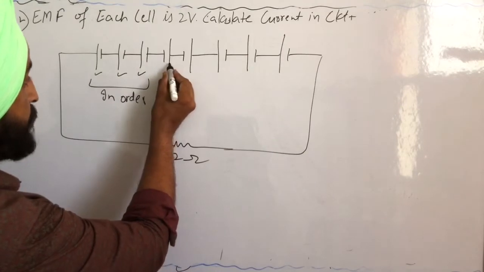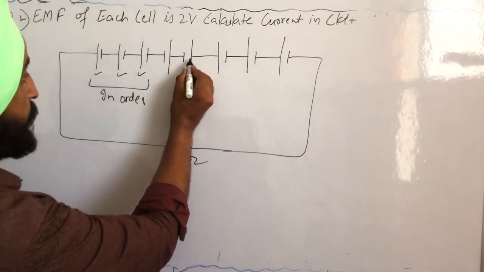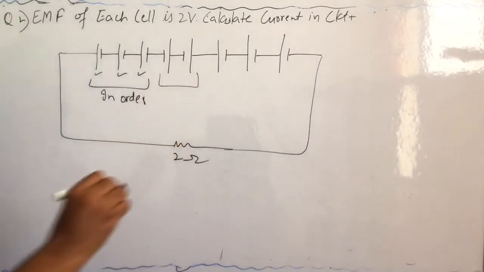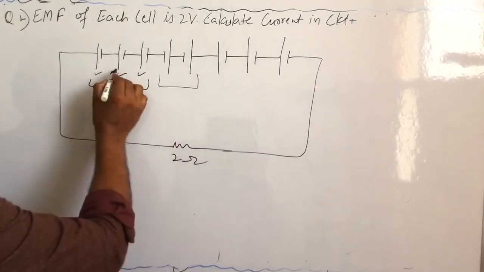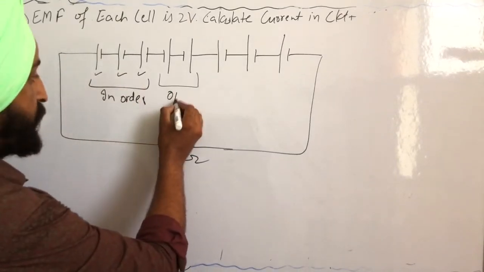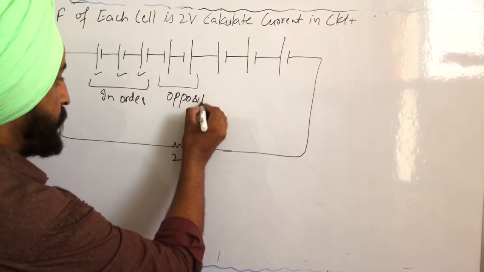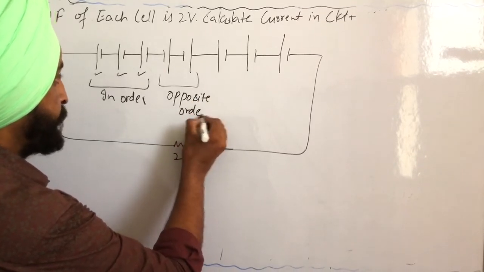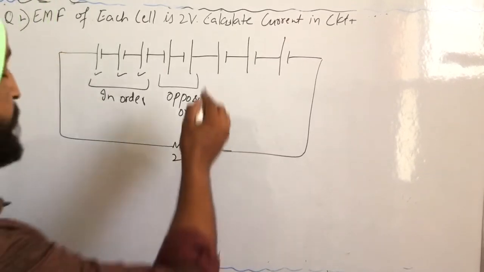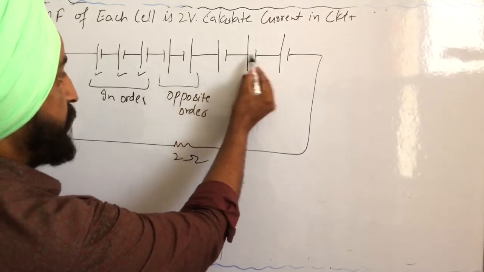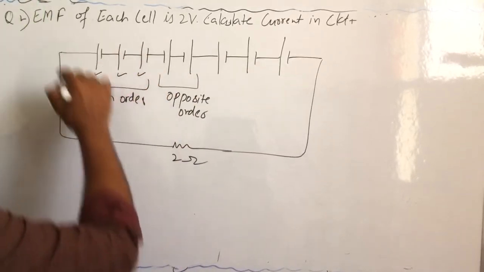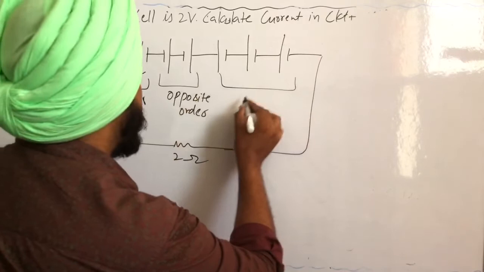This negative, positive, negative, positive: these 2 are in opposite order as compared to these. So I would write these 2 are in opposite order. Then again it starts with positive, negative, positive, negative as it was over here, so again these 3 are in order.